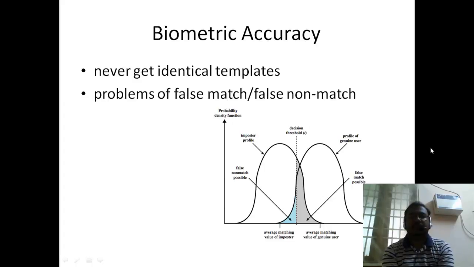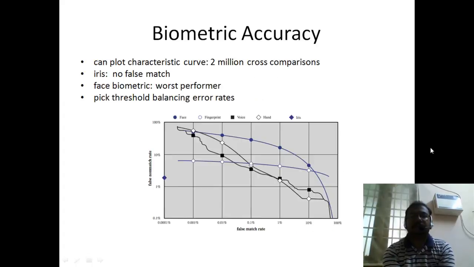If you see the graph, on one axis you have the matching score, and on the other axis you have the probability density function. So you draw a graph to measure the accuracy. You can plot a characteristic curve, and we take 2 million cross comparisons.